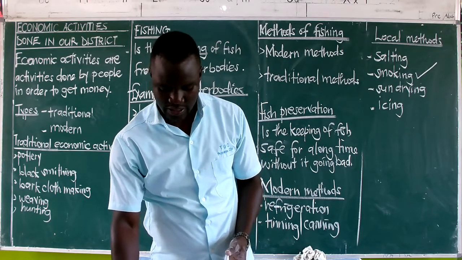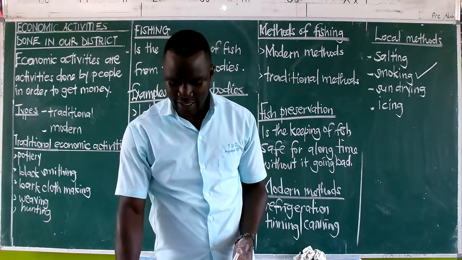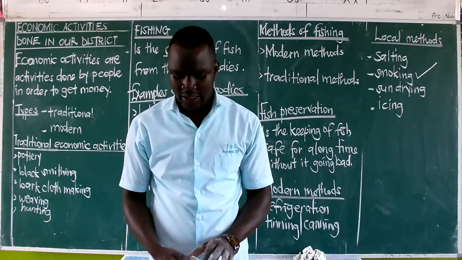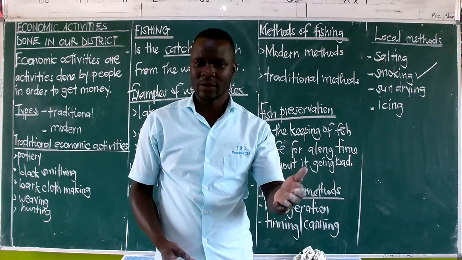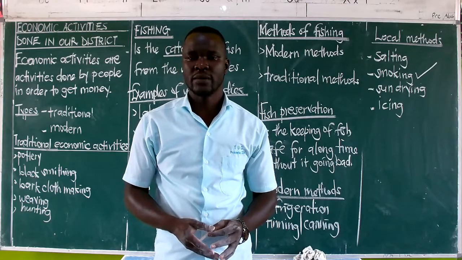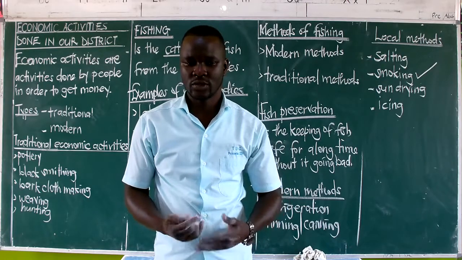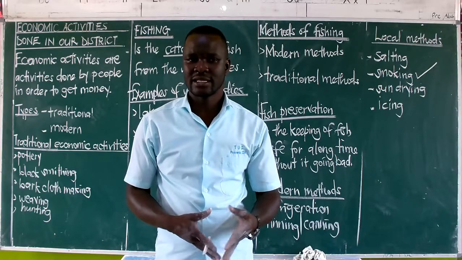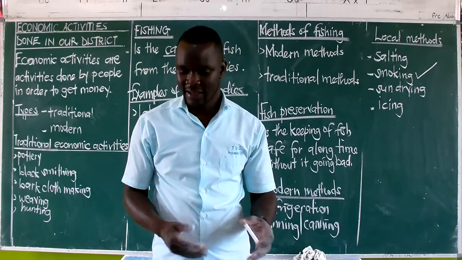And then we have the solutions, that is, the water weed can be destroyed, and people can be encouraged to use the proper fishing methods such that they can be able to have fish tomorrow.